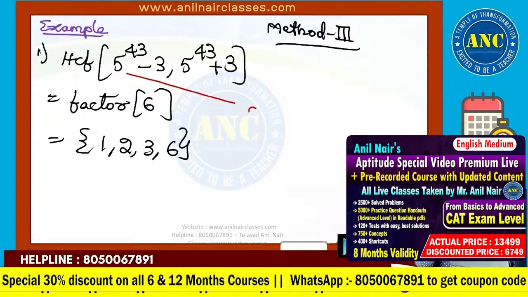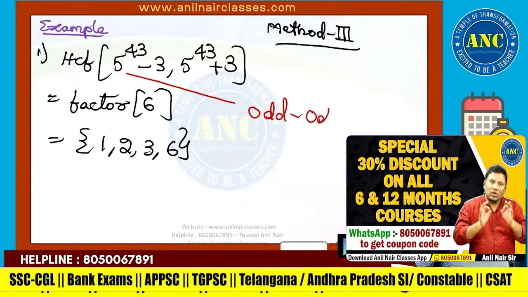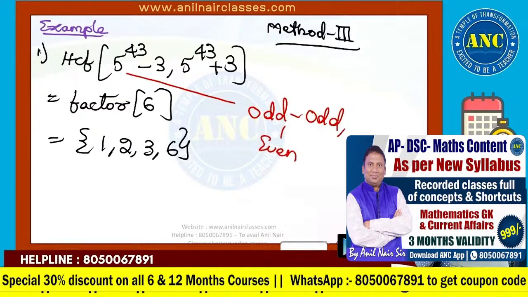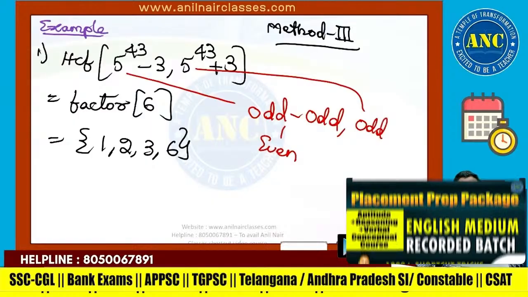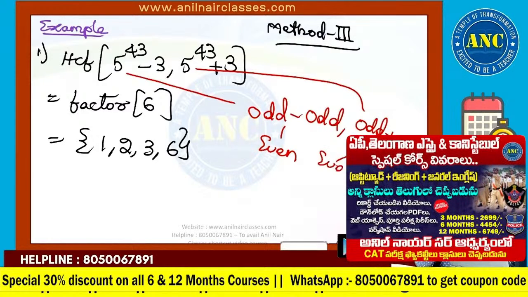5 power 43: 5 is an odd number, and an odd number to any power is odd. 3 is an odd number. Odd minus odd is even. Likewise, 5 power 43 plus 3: odd plus odd is even.